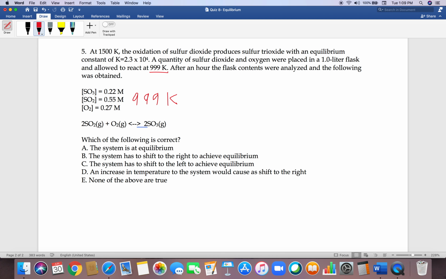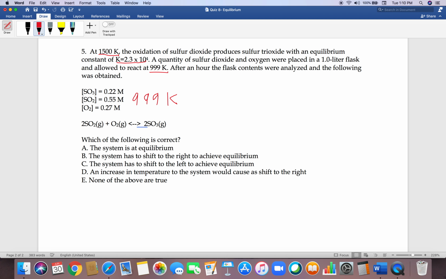Now there is a problem here. And the problem is that at 1500 K, we obtained the following equilibrium constant. I told you that at a different temperature, I obtained these results. These results are null and void for us.